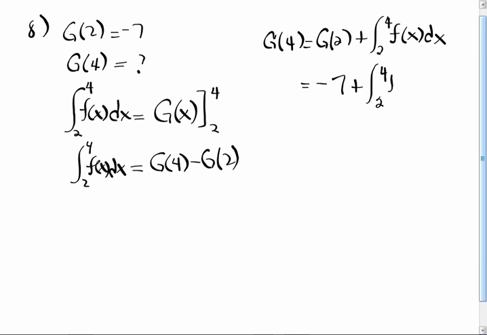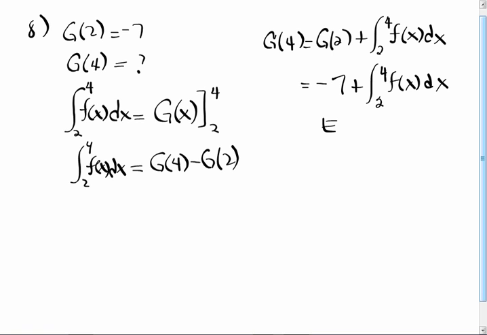I don't have a number here because I don't know what f of x is. So which one matches that? It's E, because 7 is not in the integral, -7. I want g of 4. Use the fundamental theorem of calculus. So that is E.